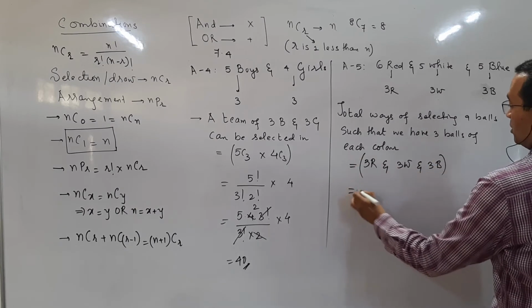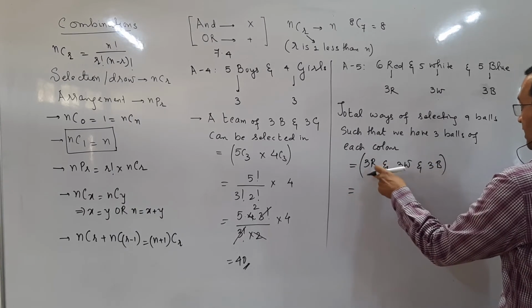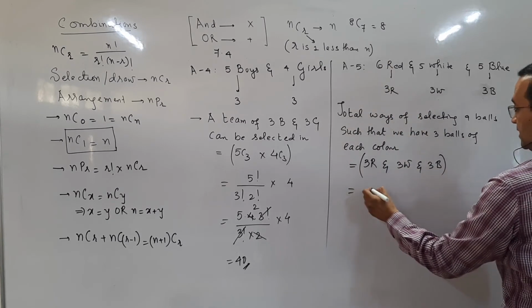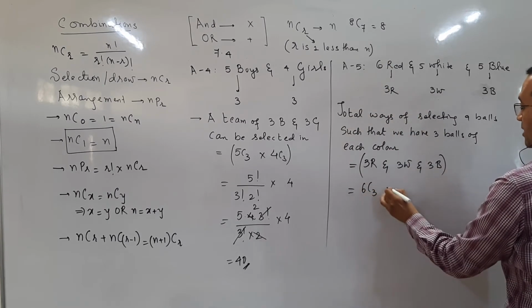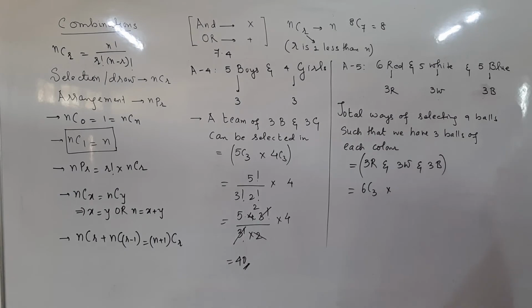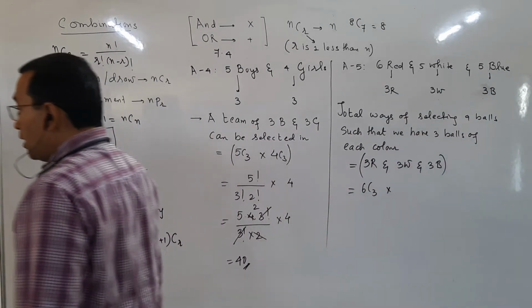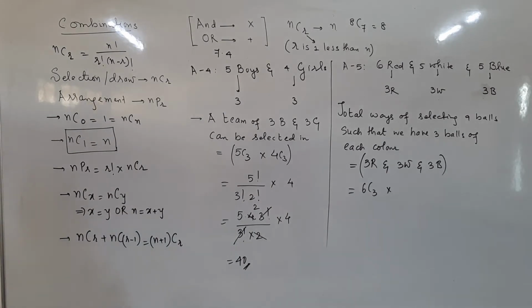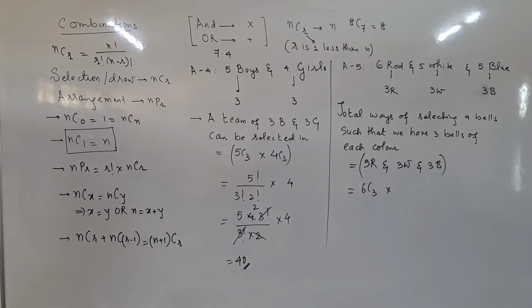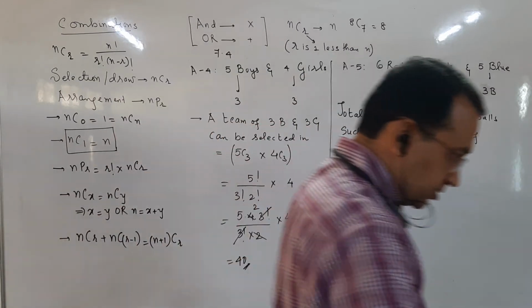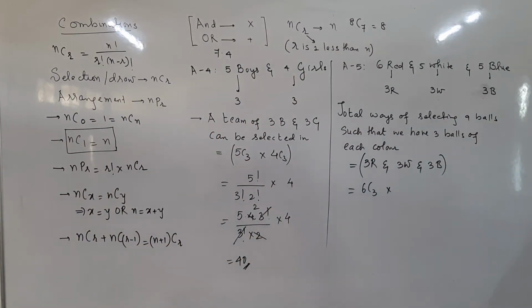This will be easier to understand. Now from 6 red, I have to select 3, so 6C3, and. The and/or theorem is a master key, students, in respect of permutation and combination.